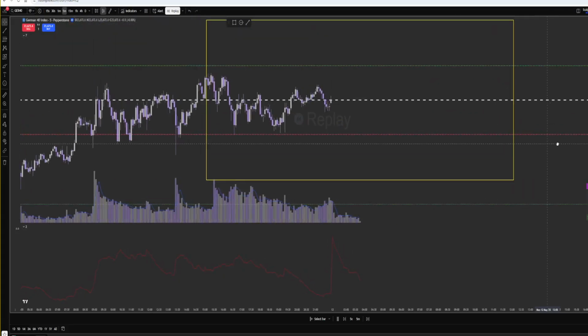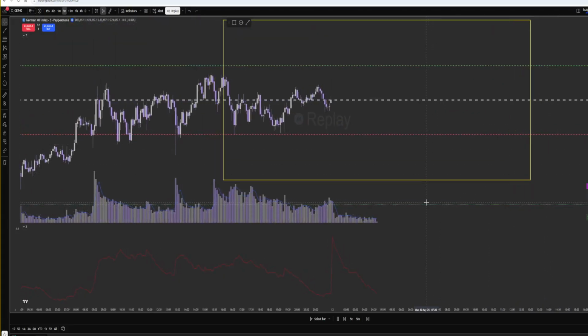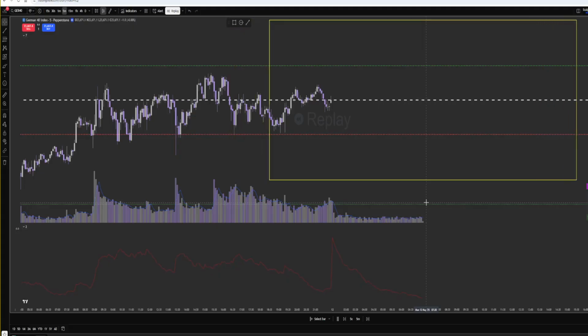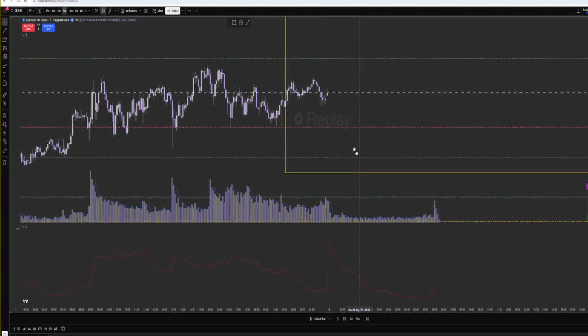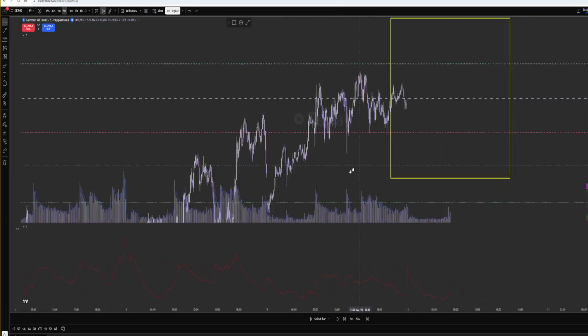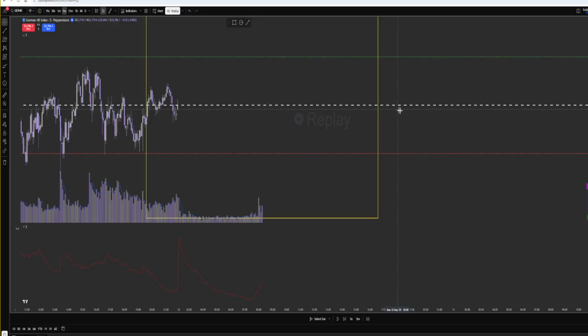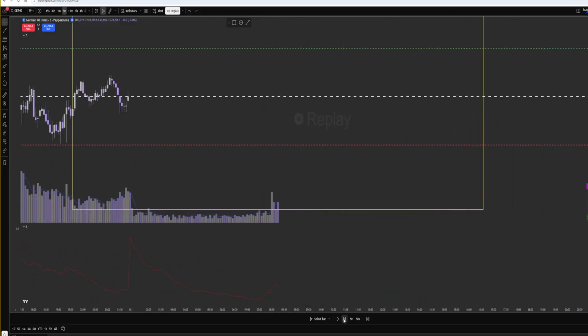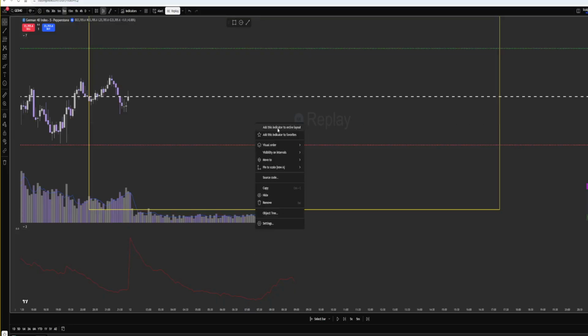Where's the price? Why is the price not moving?